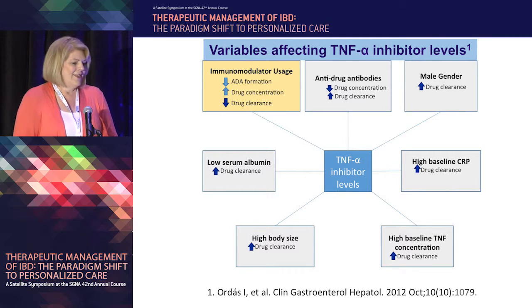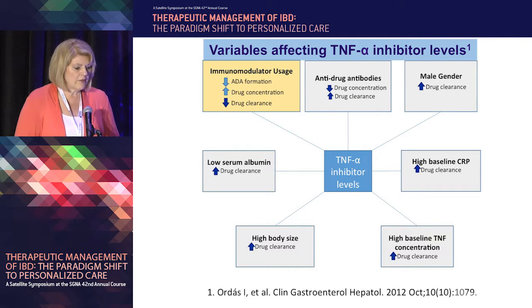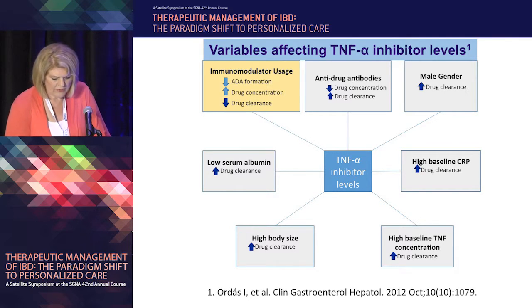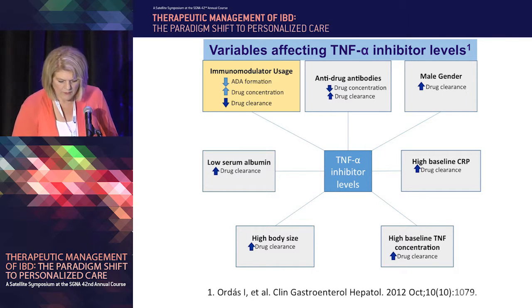All right. The immunomodulator usage, we know that it can decrease antibody formation. As you can see on there, it can increase drug concentrations, and it can decrease drug clearance.